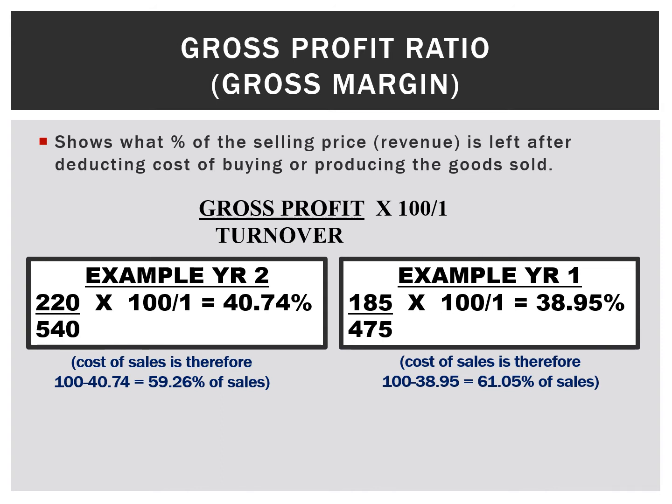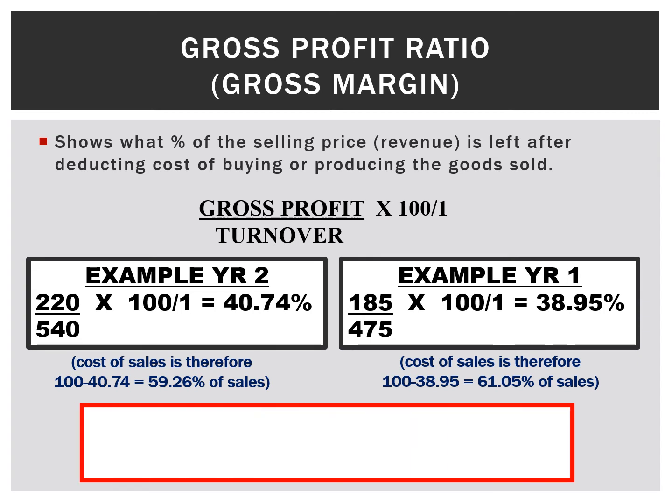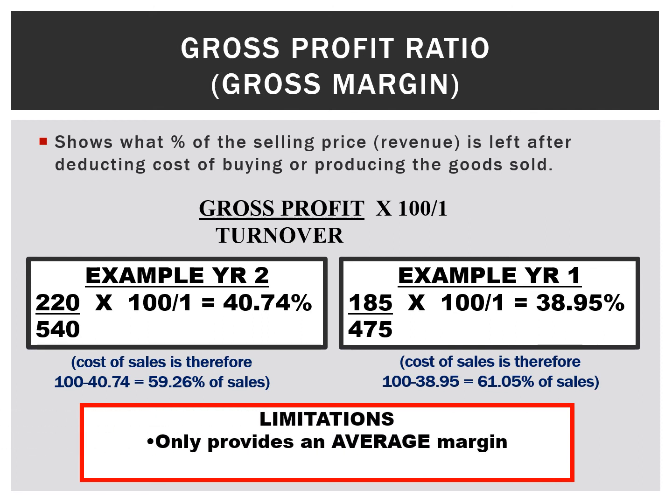As with all of the ratios, there are a number of limitations that you need to be aware of, not so much for the exam, but when you come to use these in the workplace, it's really important to understand what the limitations are. And there are 2 big ones as far as the gross profit ratio is concerned. Firstly, we're only working on an average gross margin.